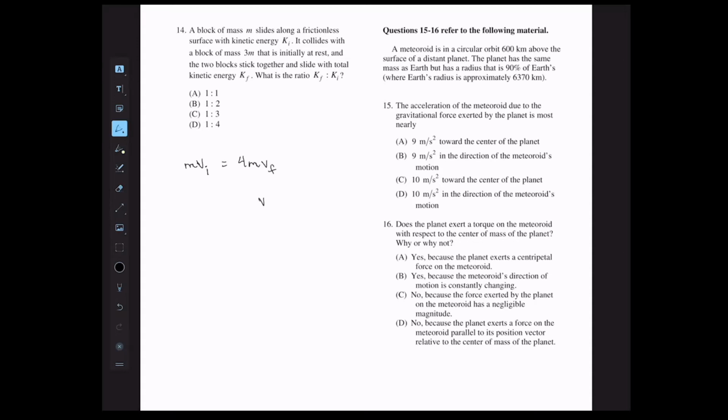So Vf is equal to Vi over 4. If Ki is 1/2 m Vi squared and Kf is 1/2 4m (Vi over 4) squared, that's equal to 1/4 Ki. So 1/4 Ki to Ki is equal to 1 to 4. D.